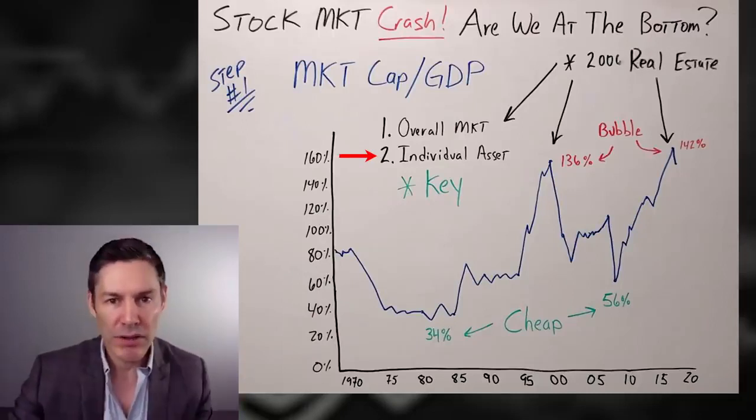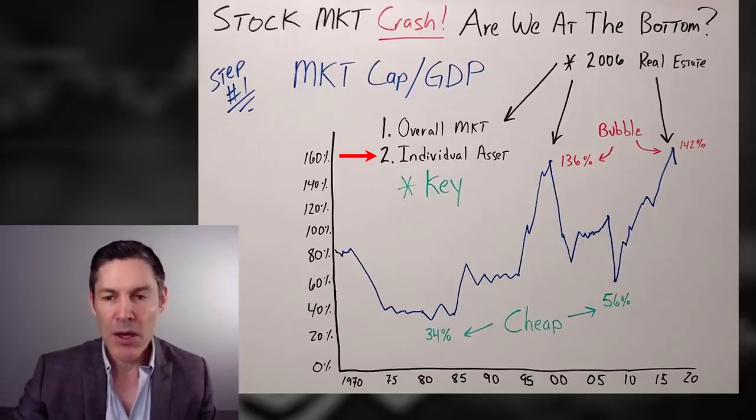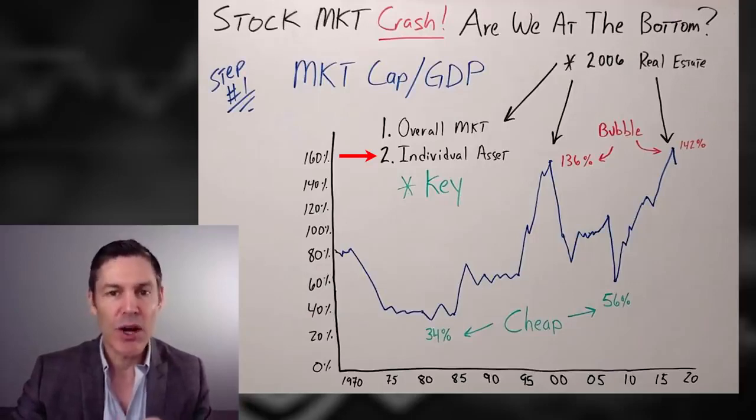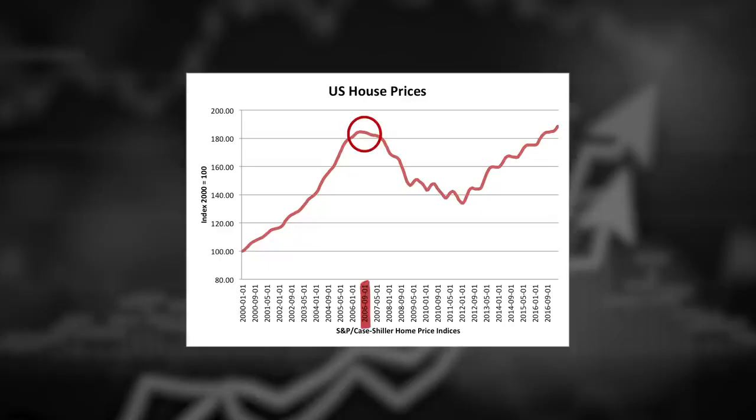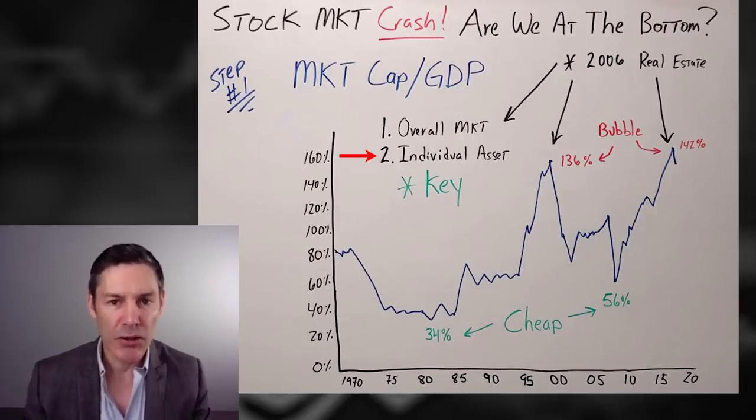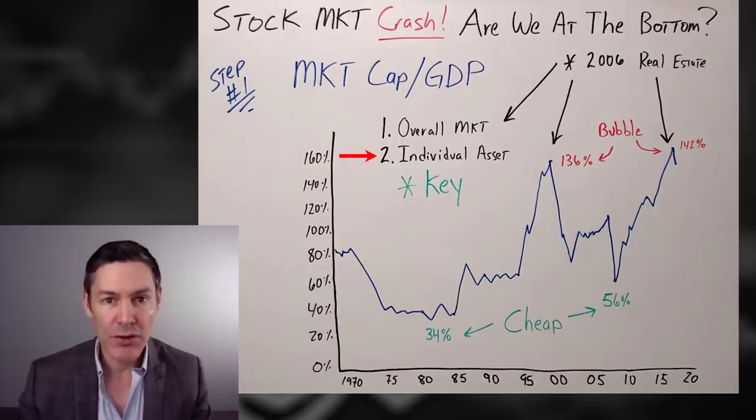Let's look at real estate as an example. Going back to 2006, we know that was the top of the bubble. 2012, it bottomed out. But if you could have got a 2012 type deal in 2006 or in 2020 when the market was just as high, you got to pull the trigger on that.